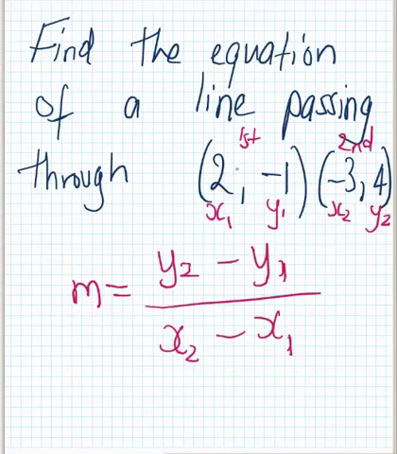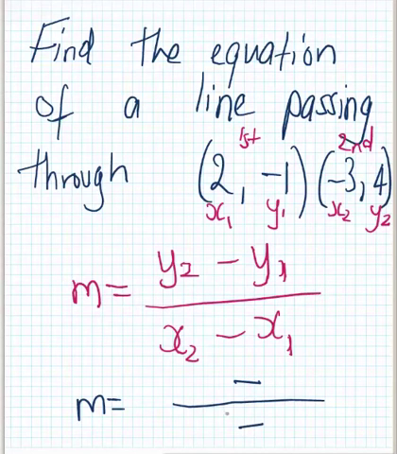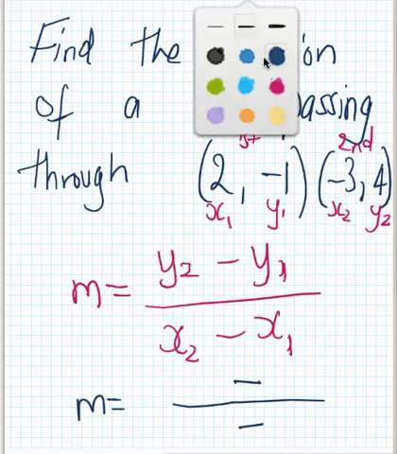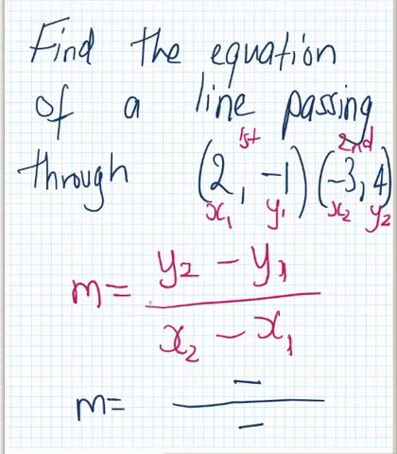But please be careful of negatives as well, because remember, 2 negatives may make a positive. So we have m equals, and the way I do this, just so I don't forget that there's a negative here and here already, I put them there straight away. And then I'll substitute the values in now. So y2 is positive 4, so 4 goes there. y1, remember this negative has been taken care of already. So y1 is -1.